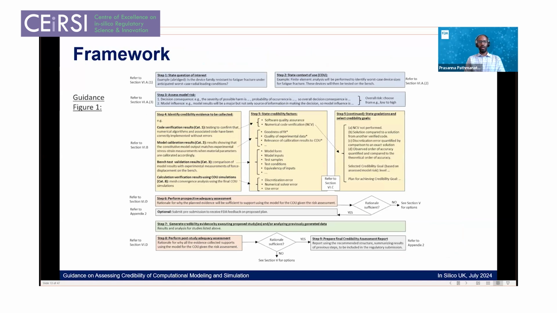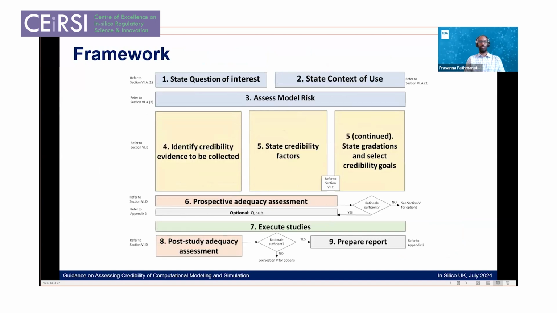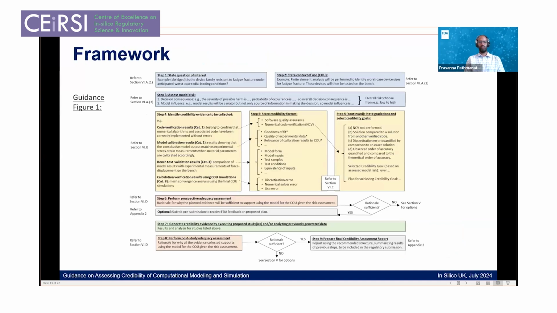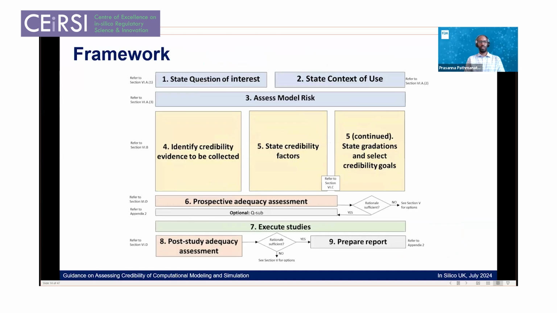Don't try and look at the specific text in this figure. It's taken directly from the guidance. It's figure 1 in the guidance. I've included it here because we're going to go through each of these different steps, and I've included it to relate it to the guidance itself. So if you refer to the guidance afterwards, you'll see how what we're going to go through in the next few minutes is related to that figure.